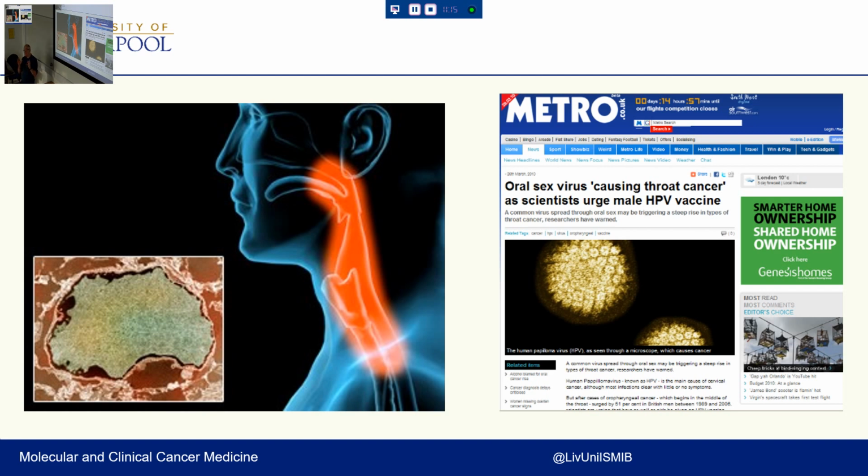These patients get HPV-associated cancers, and it's largely the same oncogenic subtypes of human papillomavirus that cause cervical cancer. It's now pretty well established that the transmission of HPV into cancers of the oropharynx is sexually related.